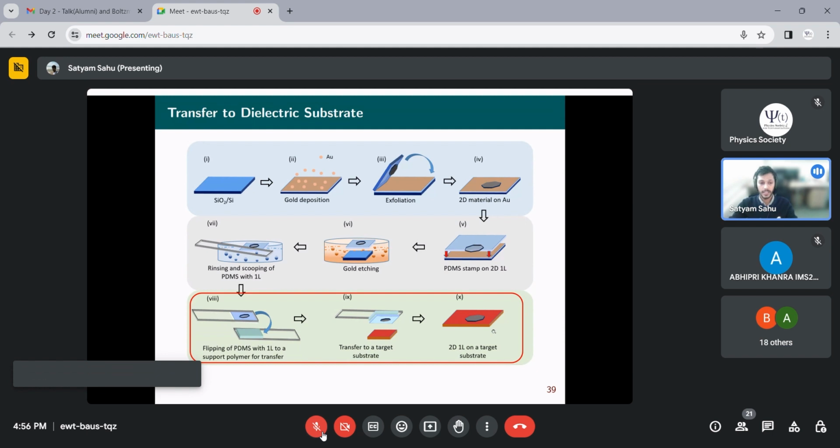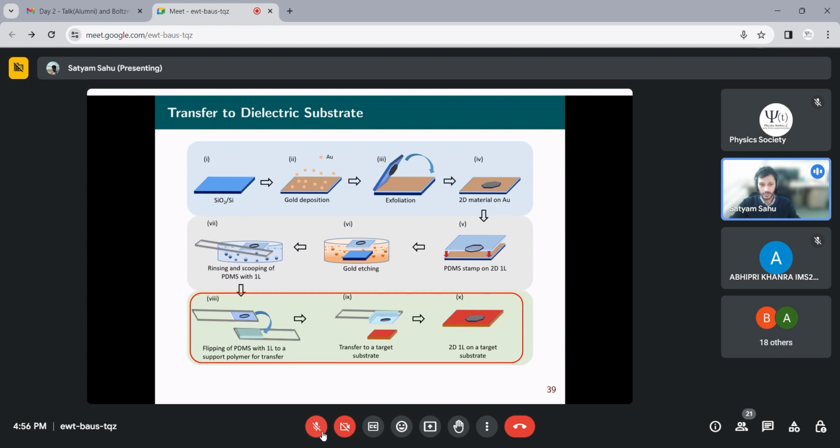If you have the large size flakes on the dielectric substrate, you can again study them and try to see if they can be used for applications, especially optoelectronics or sensor based applications.